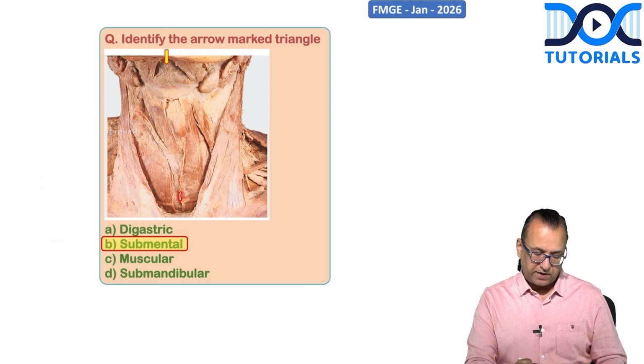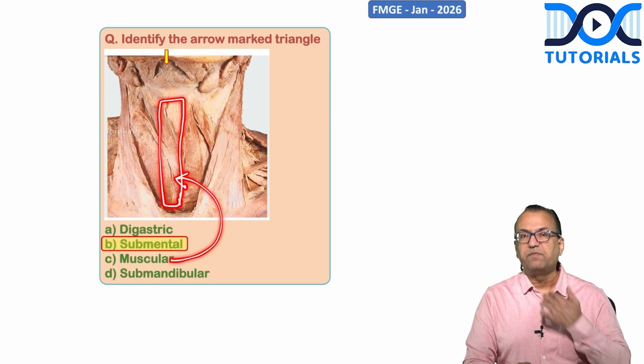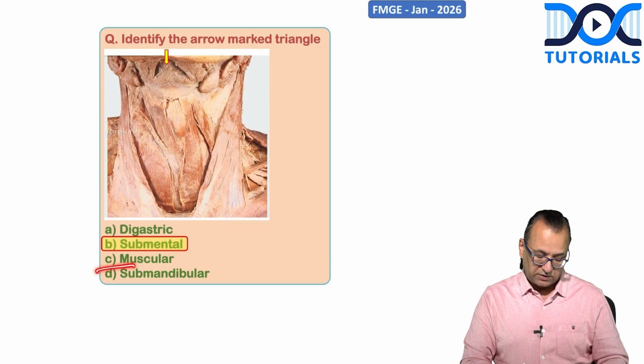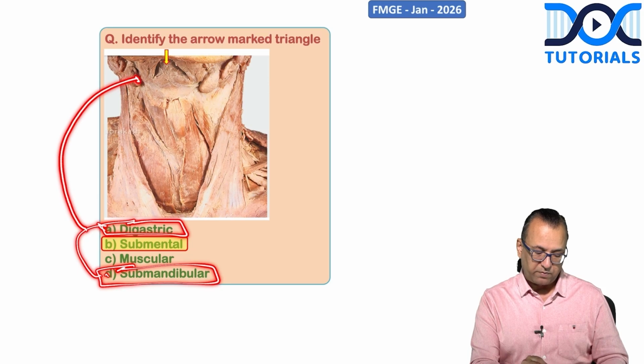If you talk about the muscular triangle, it will be somewhere here, where you have strap muscles like sternothyroid and sternohyoid, strap muscles supplied by ansa cervicalis. Submandibular, we already told, is the other name of the digastric triangle, and it is bounded by the anterior belly and posterior belly of digastric.